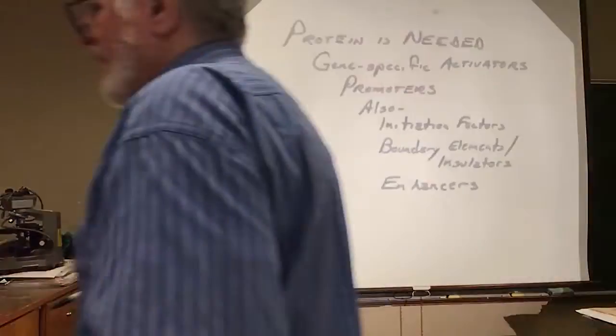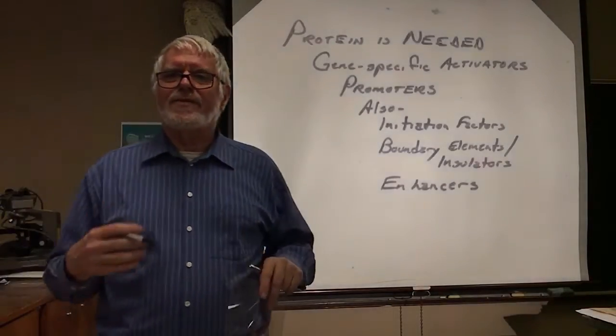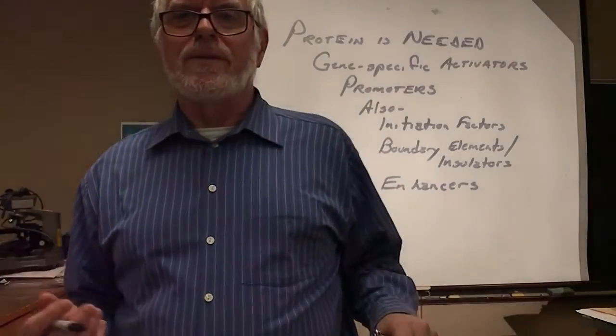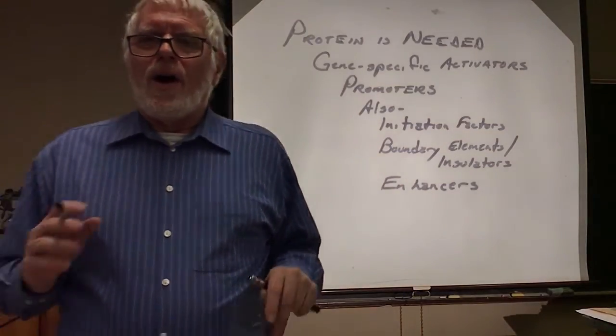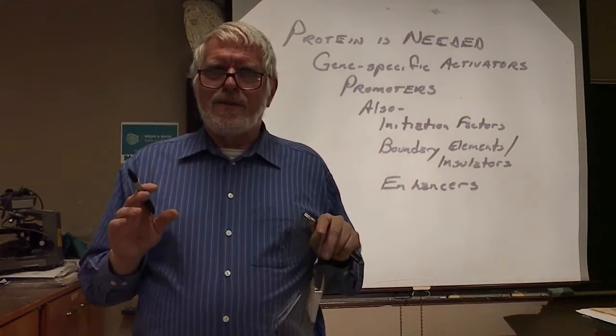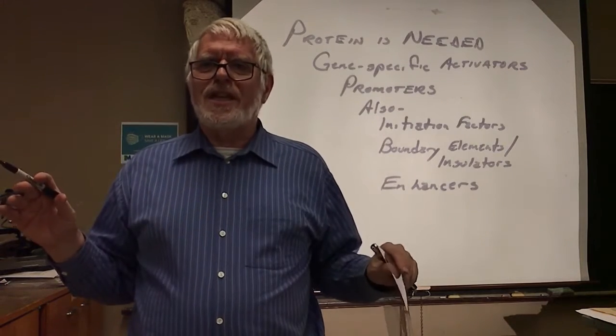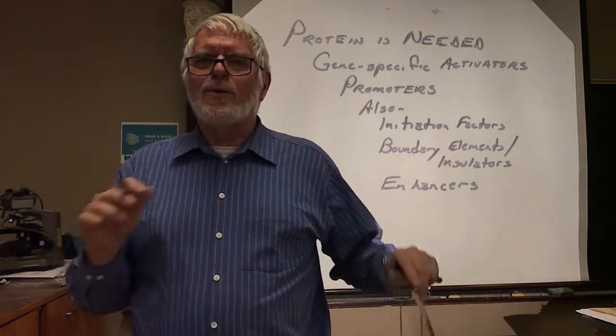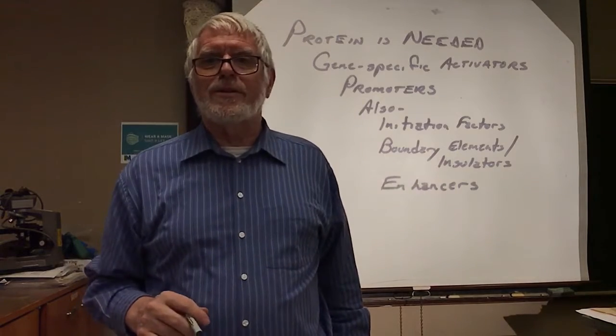Okay, here's a partial list of what else you get. There are initiation factors to try to get this rolling faster. There are stretches that separate out the gene from the rest of the DNA, boundary elements, sometimes called insulators.